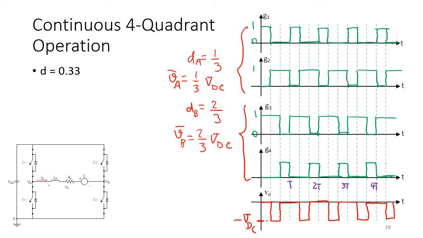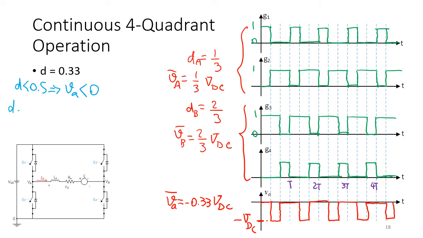As you can see, the negative voltage can be seen here, and VA or VL average is minus 0.33 VDC. So for D less than half, VA will be less than 0.